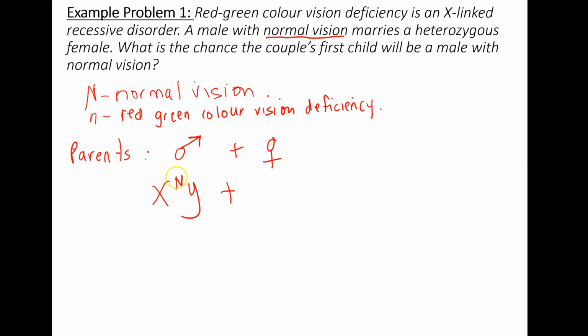That means he has the X chromosome with the capital N. And he marries a female that is heterozygous for that allele, so she has one big N on one X chromosome and one little n on the other chromosome.